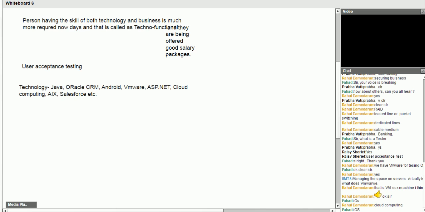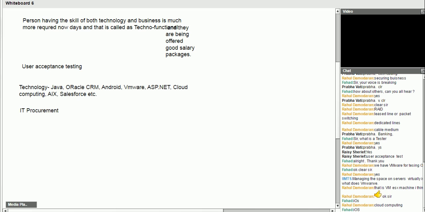So technology can change within the IT system, but more or less the functioning of the IT department is the same. The management of IT is the same. Then you also have an IT procurement department within the IT company.